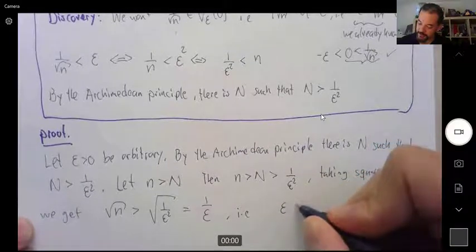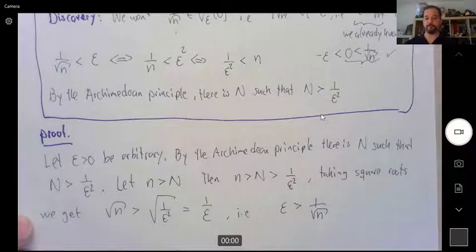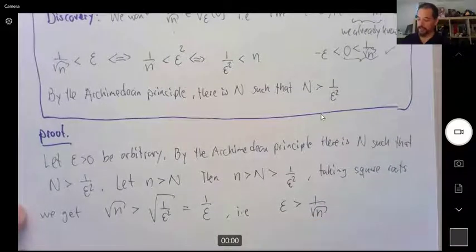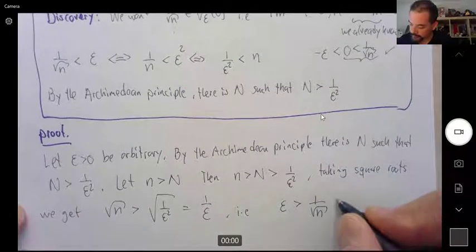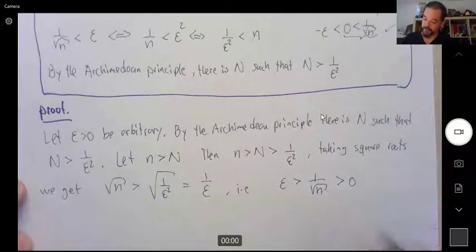This tells that epsilon is greater than 1 over root n. Perfect. And obviously, 1 over root n is greater than 0. So we are done, right?